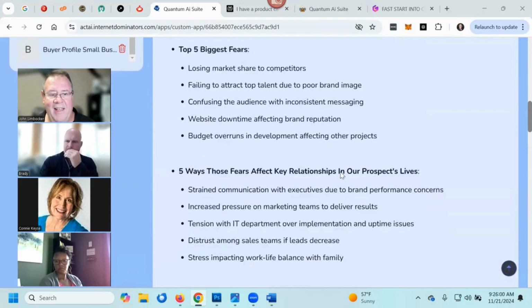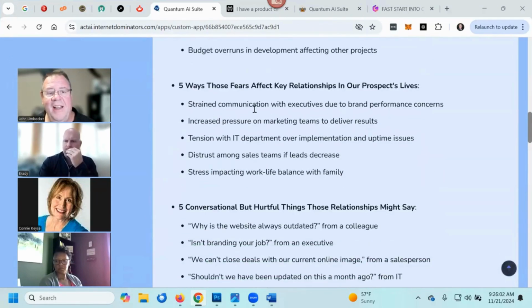So again, those are fears. Here's ways that those fears are affecting relationships in the prospect's life. Strained communication with executives due to brand performance concerns. Increased pressure on marketing teams to deliver results. Tension with IT department over implementation and uptime issues.